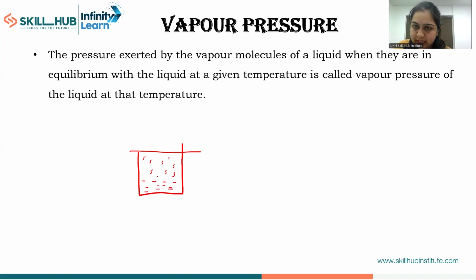What do I mean to say? That this air present above the solvent has a capacity to take vapors, and at some point of time, all the capacity of the air to accept these vapors will be completed. The air will be completely saturated with these vapors. At that time, we say that this vapor and this solvent are completely in equilibrium with each other.